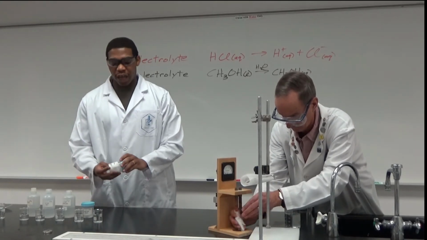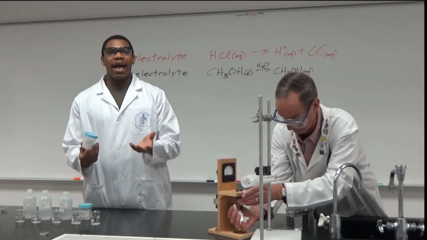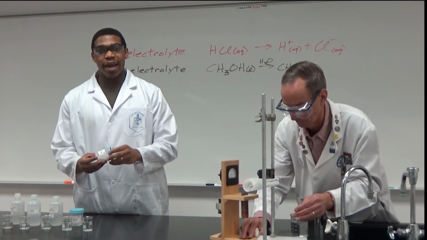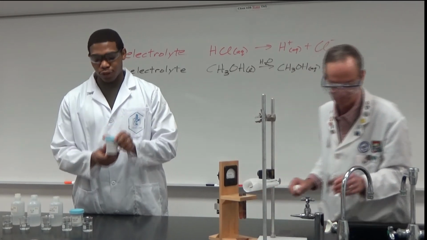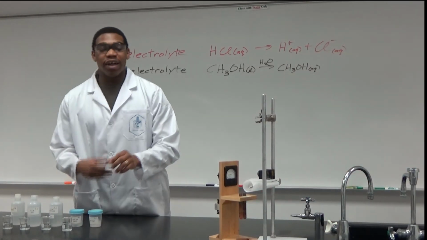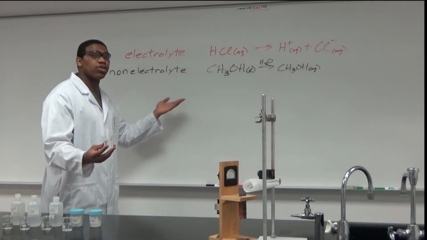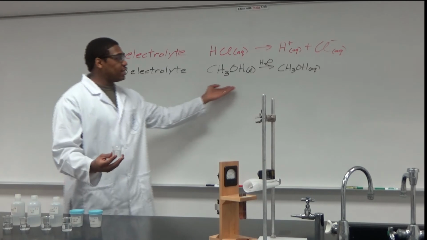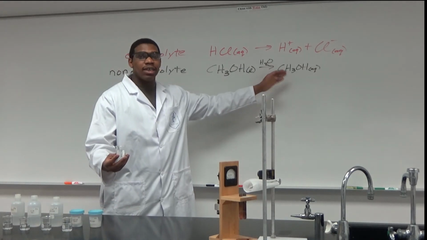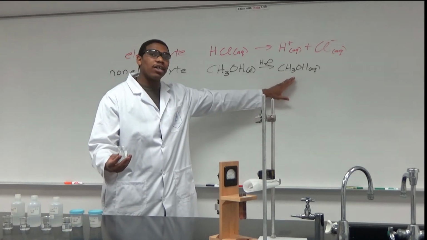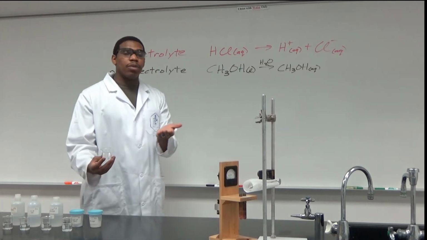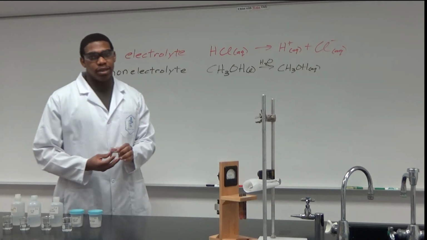Now you have the fun job of guessing our last solution, which is just normal table sugar in water. If I told you that table sugar, when it dissolves in water, is very similar to our methanol, where it does not dissociate into ions, I want you to predict whether or not it will be conductive.